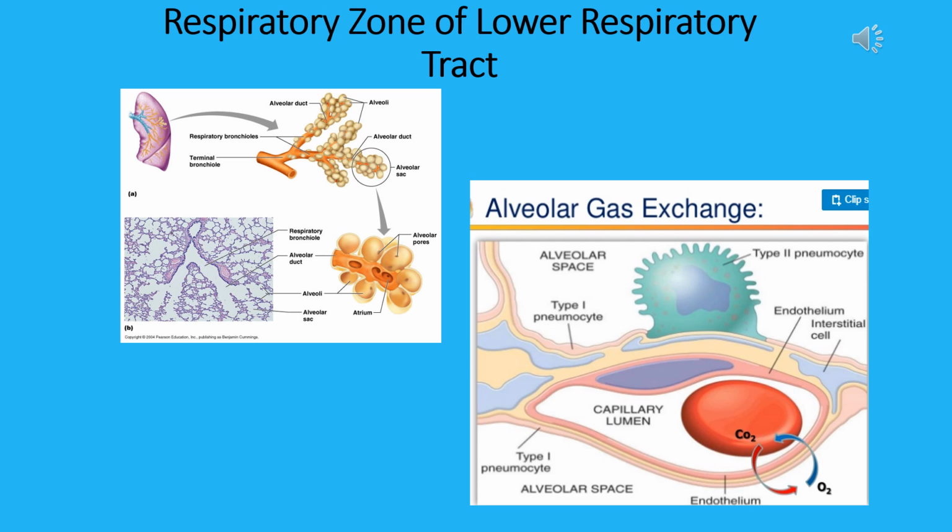The cuboidal type 2 pneumocytes or alveolar cells cover the remaining 10% of the alveolar surface area and are more resistant to injury. The type 2 pneumocytes have several critical functions, including surfactant production and ion transport. They also function as progenitor cells for regeneration of type 1 cells after injury.